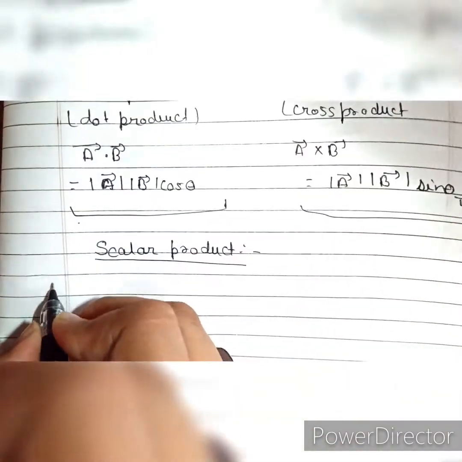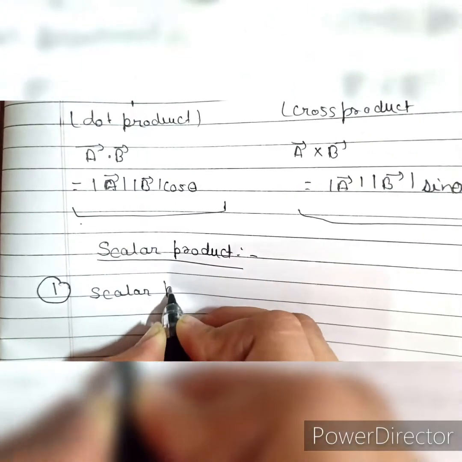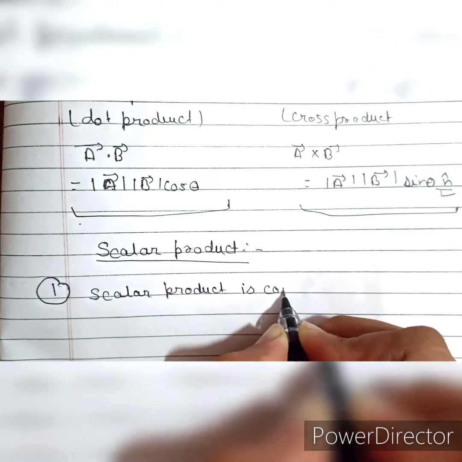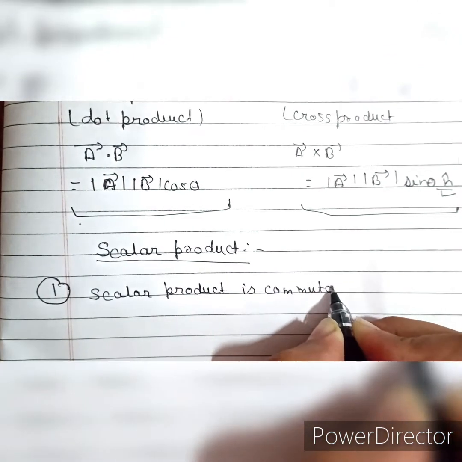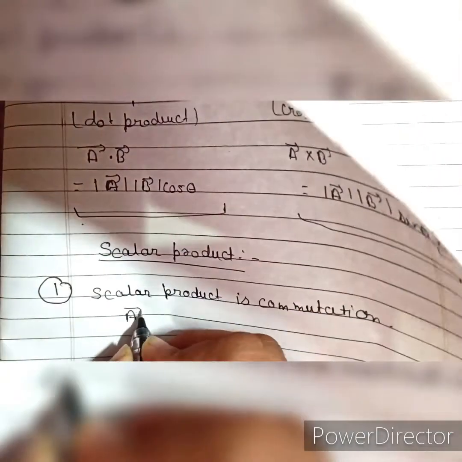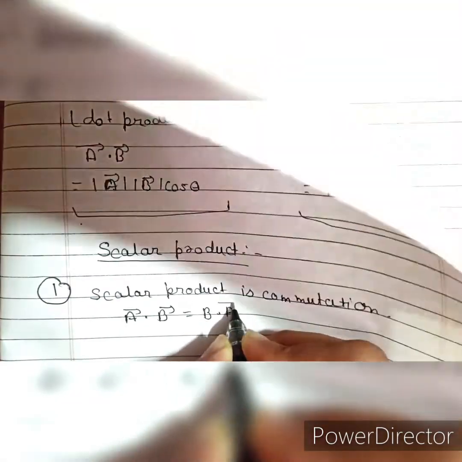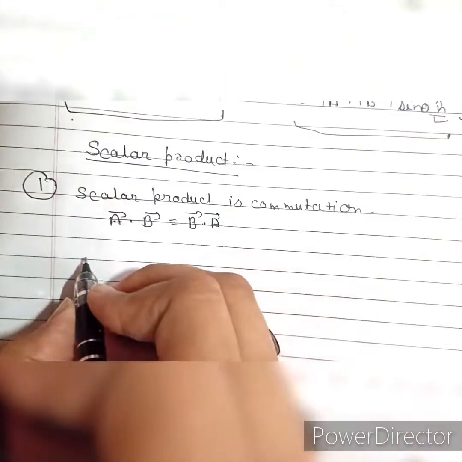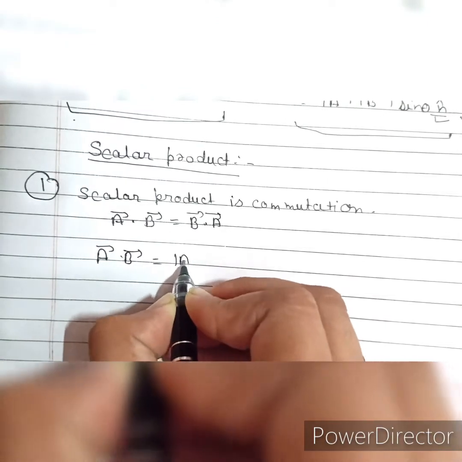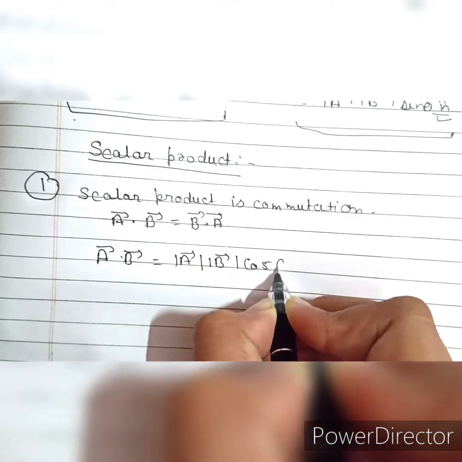The first property of the scalar product is that it is commutative. It means A dot B is equal to B dot A. A dot B is magnitude of A, magnitude of B, cos theta.